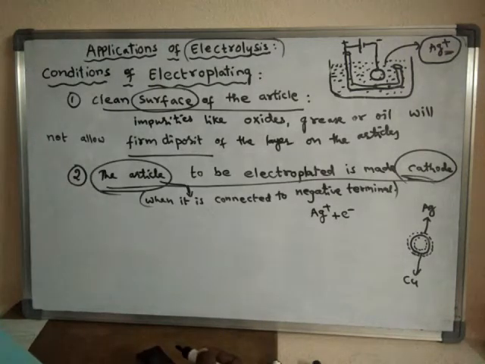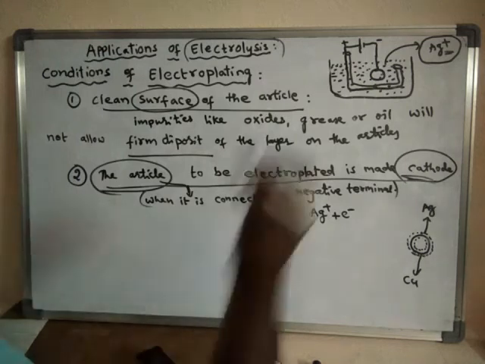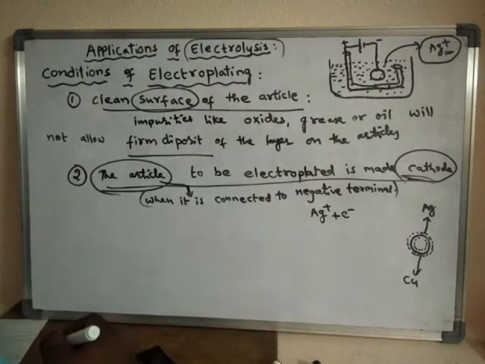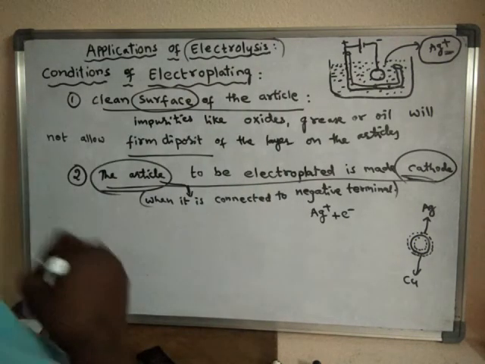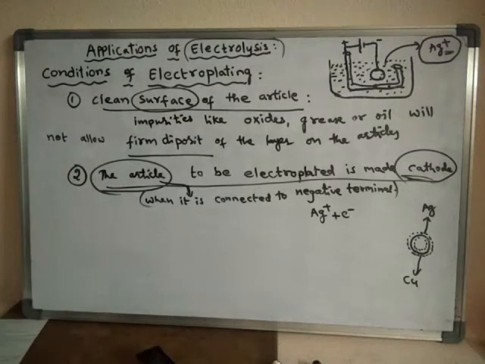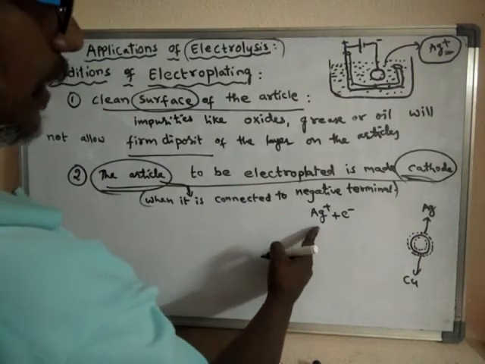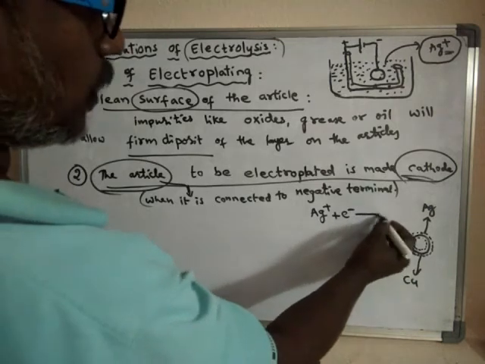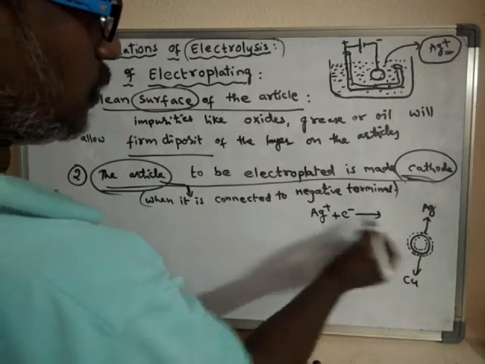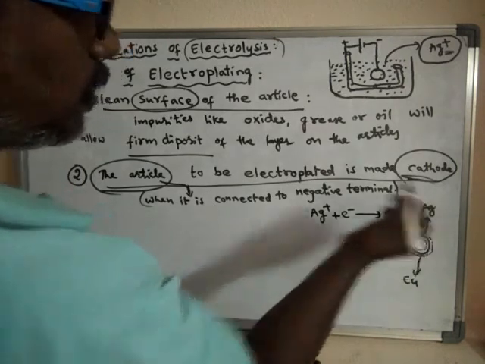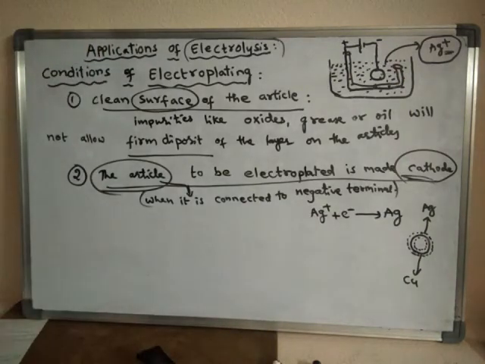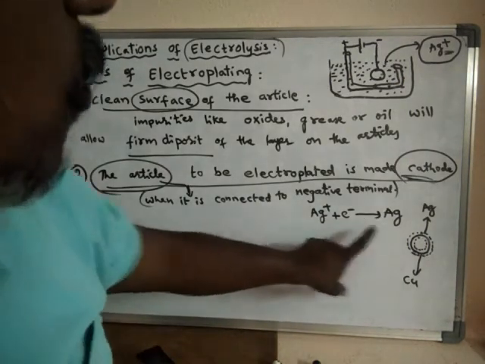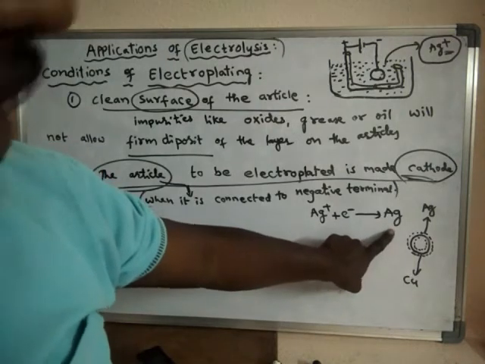That is why cations always move towards the cathode, because the cathode is a negative terminal, a negative electrode. After the cation moves to the cathode, it takes electrons and converts into a neutral metal. That means the cation undergoes discharge and finally converts into a neutral atom.